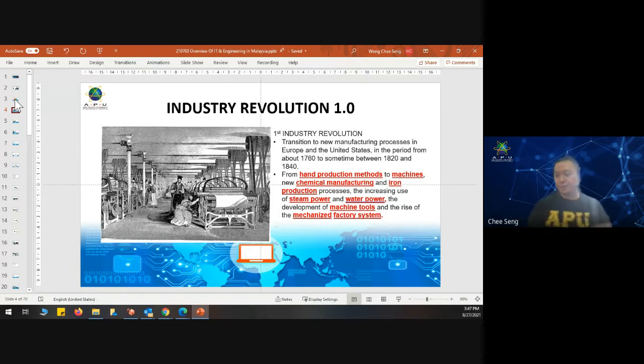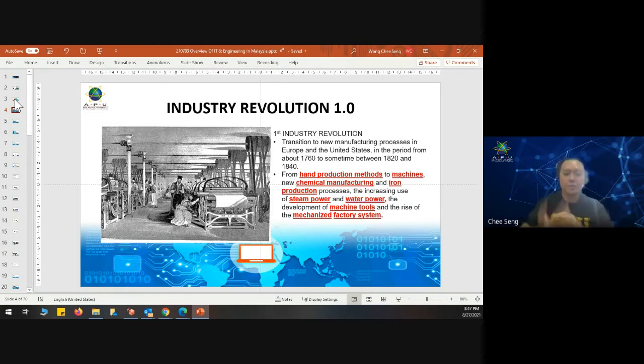So back then, the revolution happened where humans were introduced to machine tools and factory systems. With all this, they actually did mass production. But back then, in the 1760s, it was manpower oriented, so they used a lot of manpower.